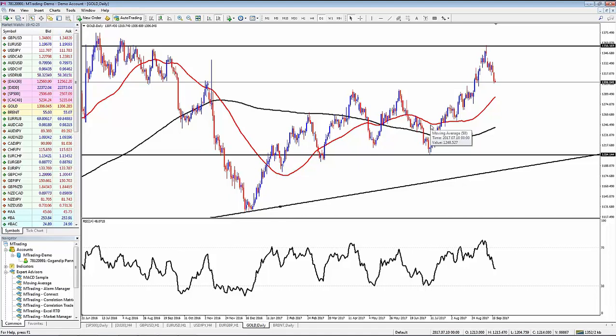We can see that the US stock market has made new highs, so all-time highs. Naturally, that would have an adverse effect on gold. In addition to that, we've seen some recovery in the dollar index. The US dollar index has also started to recover from those lows.